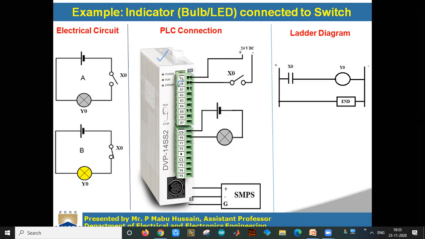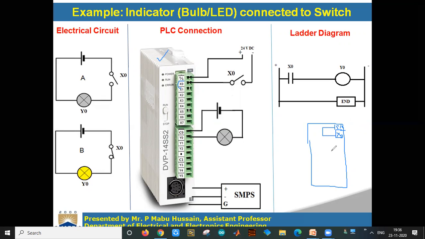For the X0 inside this, let us see one diagram here. This is your terminal X0. Let us assume this is X0, and here upside this you will have sink or source, S by S. Inside the PLC, what you actually have is one connection like this.